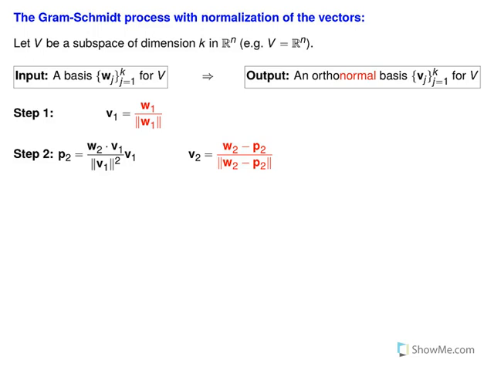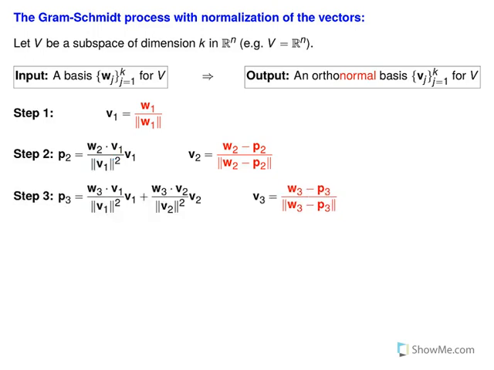Then in the second step, I form the projection again, and now I see I goofed up a little, because now V1 has length 1, so I don't need that step. So now the expression for P2 is like that, and then you just form the projection onto the orthogonal complement and you normalize.